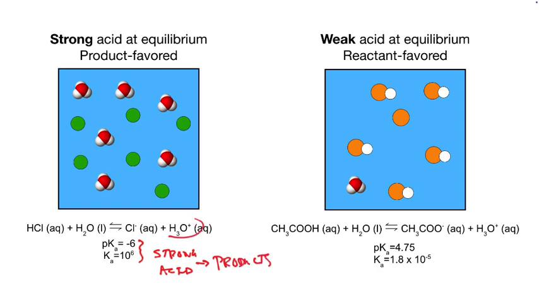If we look at my reaction, I would expect to see lots of H3O+ and lots of Cl-, and I should expect to see no HCl. So if we look at my picture, I don't see a green ball next to a white ball because it was a strong acid. I would fully expect that to dissociate, react fully with my water.